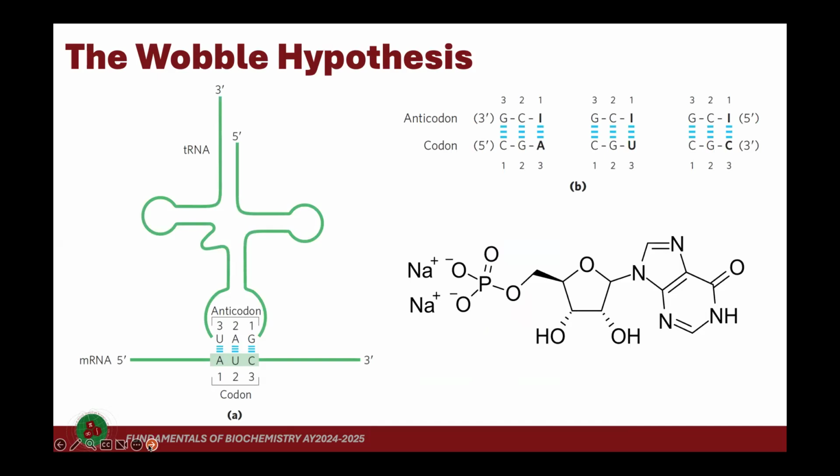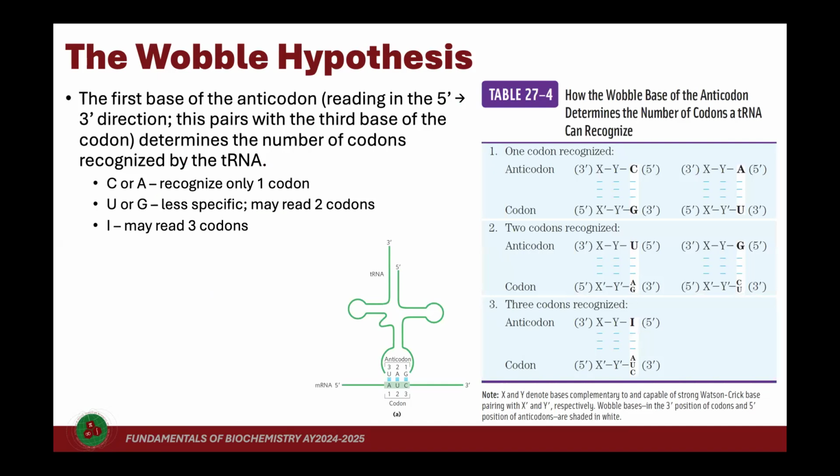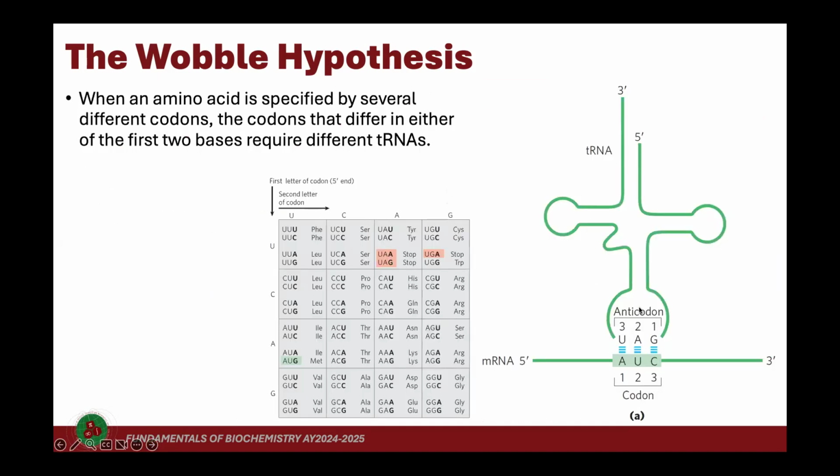That is why you have a smaller number of tRNA molecules involved in protein synthesis. So it's not a 1:1 equivalence with your codons. So the wobble comes from this observation that the third base pair in the codon wobbles, so to speak. So the Watson-Crick base pairing is not strictly observed for all tRNA molecules, hence the term wobble.